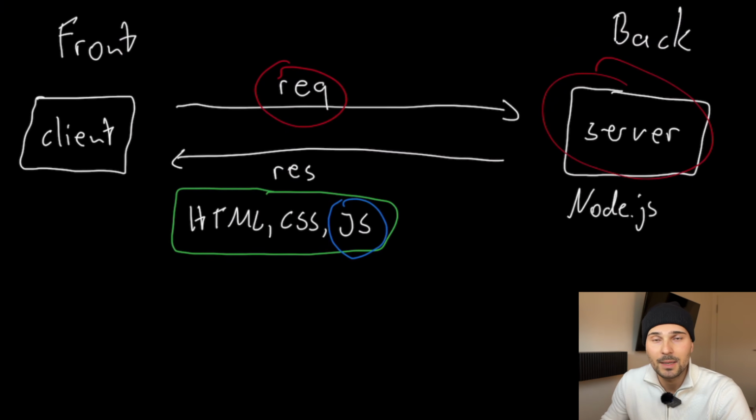We have the front end and the back end. Front end code runs on the client, so in the browser, essentially most of the time. But as I said multiple times, a client could be really anything that's capable of performing an HTTP request. And the back end is where our server lives.